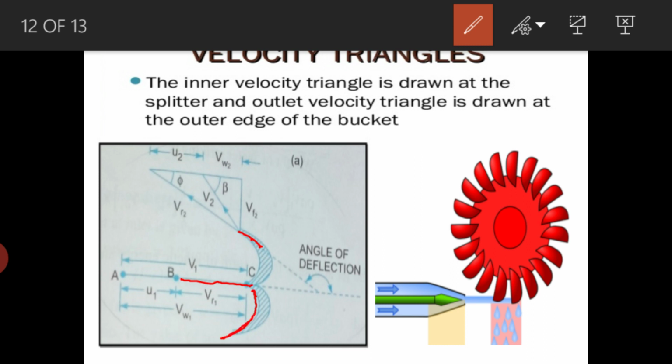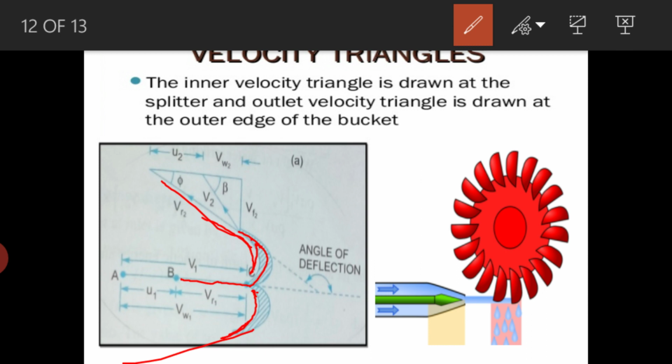The water glides over the surface and it exits like this. These parts of the jet glide over the inner surface and come out at the outer edge. This figure shows how the jet is striking the bucket and how it is going out, which is shown by drawing a velocity triangle.